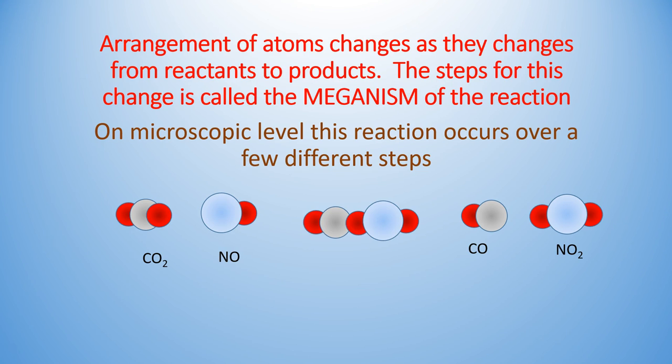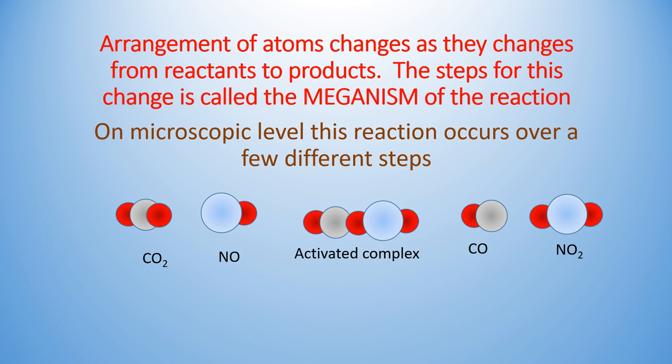In between, a huge molecule forms temporarily for a short while, and this molecule is called the activated complex. So this whole process, moving from reactants through the activated complex to the products, is called the mechanism of the reaction. That's how the particles are moving.